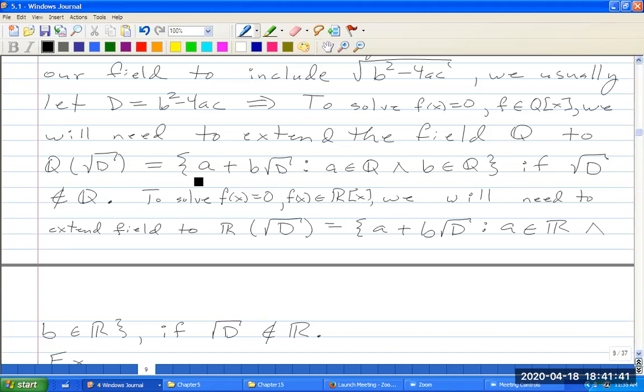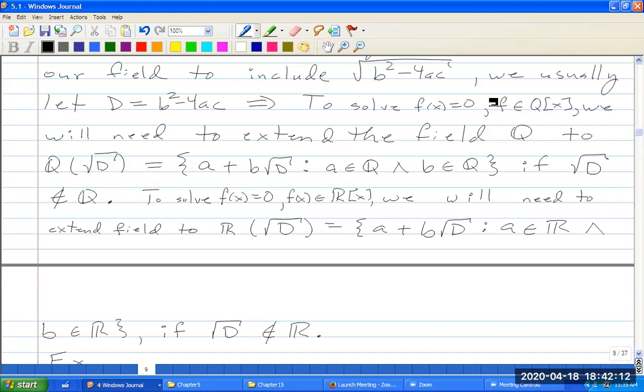Similarly, to solve f of x equaling 0, where f is a polynomial with real coefficients in the indeterminate x. By the way, notice that sometimes I write f as a member of some field with the indeterminate x, and sometimes I write it as f of x as the member.